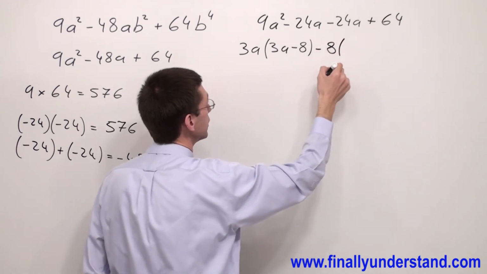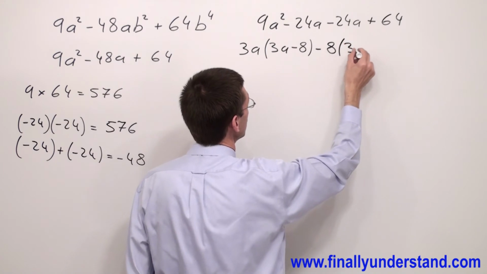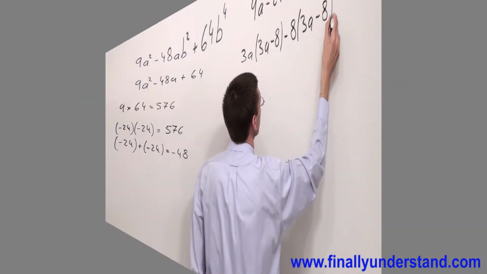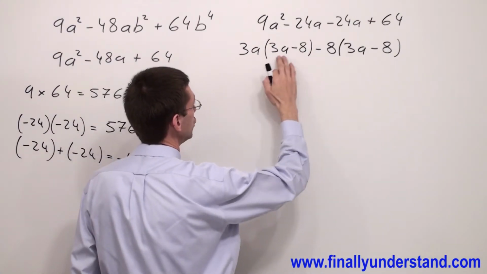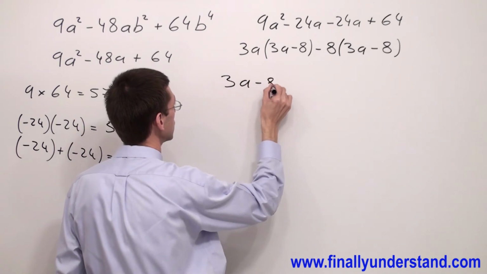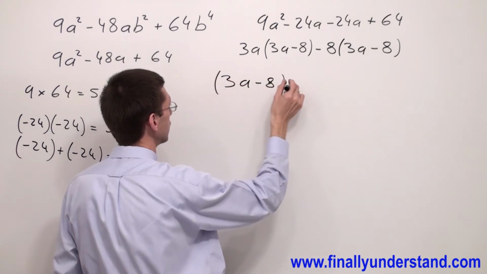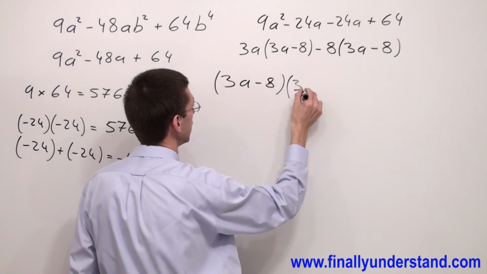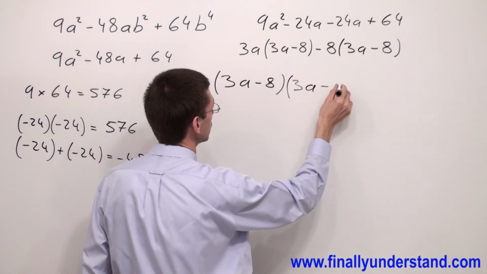And inside of the parentheses, I'm going to have 3a minus 8. The common factor for these two terms is 3a minus 8. Whatever is left, we're supposed to write in a second pair of parentheses: 3a minus 8.